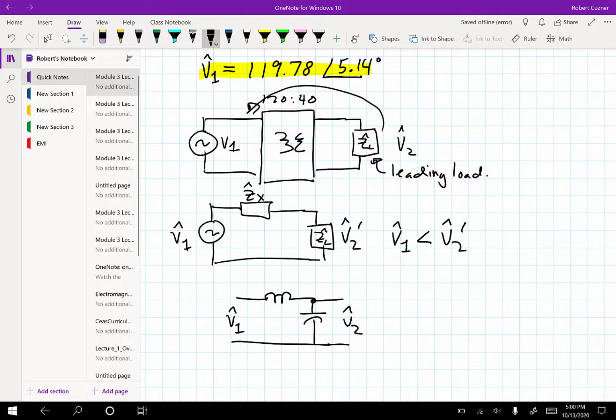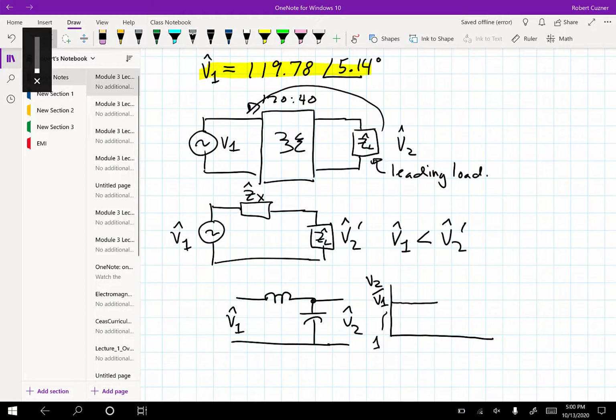And if you plotted the ratio of V2 over V1, this would be 1, but there'd be one frequency where it might go higher, and then it's going to start to roll off at a steep slope.